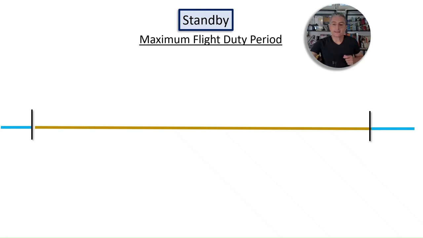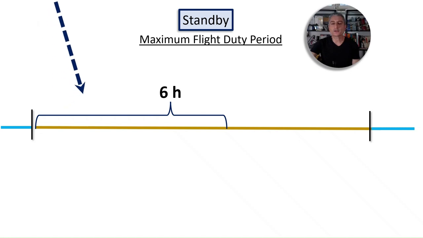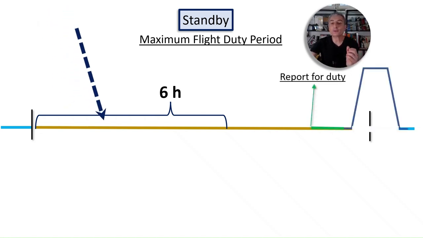But let's see another case where we still have the first 6 hours, of course, and from the initial of the standby we got called for a flight, but this time the reporting for duty is after the first 6 hours of the standby. In this case, the maximum flight duty period still begins at the report for duty like a normal flight.